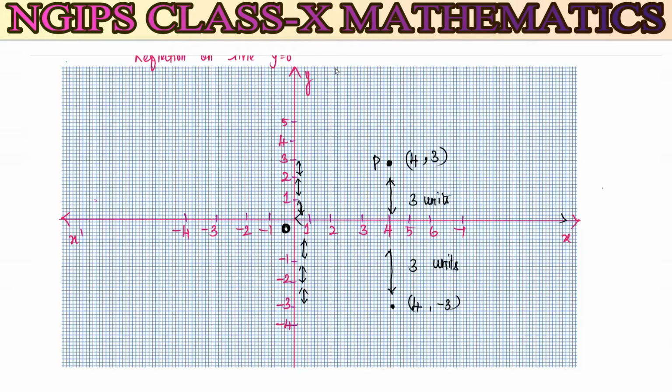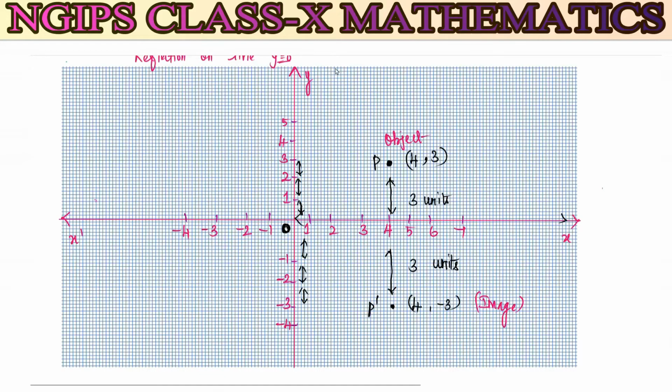So from this, if you look here, P dash is the image. Now I am going to show that this is the object, and this is going to be the image of that particular object when reflected on the x-axis, or you can say it is a reflection on y is equal to 0. Now reflection on the x-axis means the x coordinate is not going to be changed.